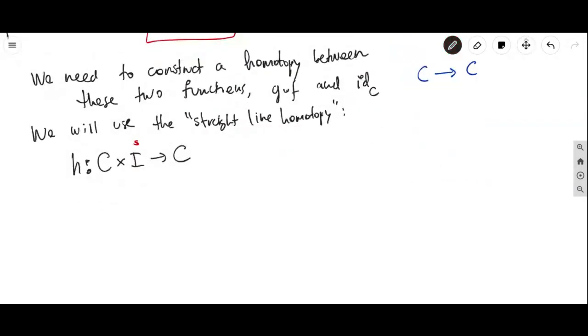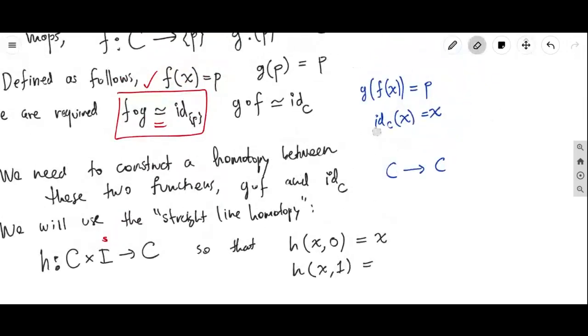It's supposed to have the requirement that H of x comma 0 gives you the identity, and H of x comma 1 gives you P. You see, you have two functions here, the identity and P. Which one is first and which one is second does not really matter, because if A is homotopic to B, then B is homotopic to A. It's just like with paths.